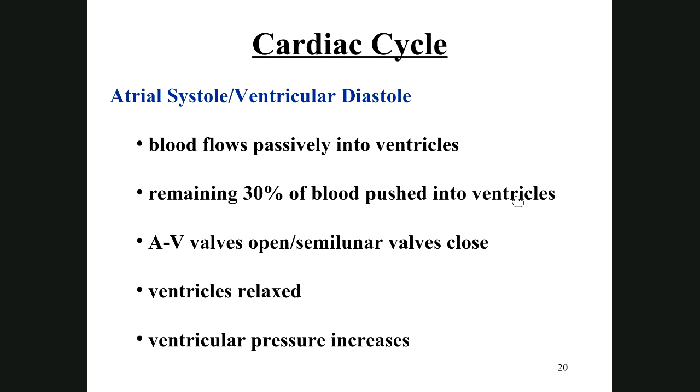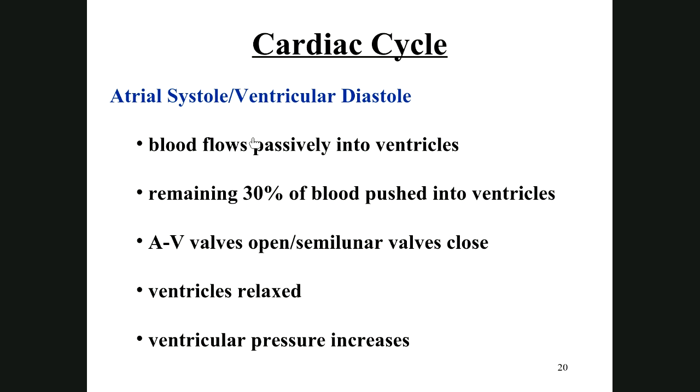Okay, so the cardiac cycle is divided into two periods, if you will. The first period is atrial systole and ventricular diastole. During the first period with the venous return, it is very important to note that most of the blood coming back to the heart goes into the ventricle automatically, so passively.